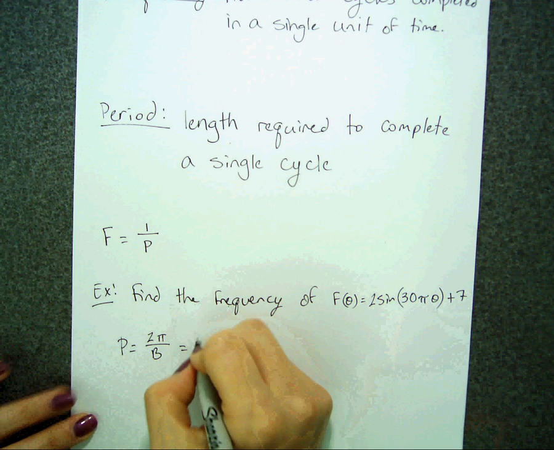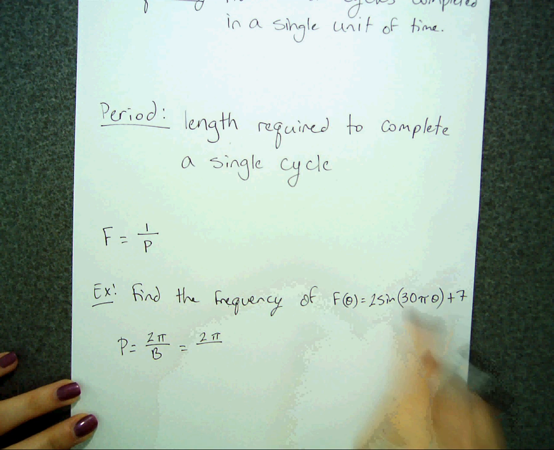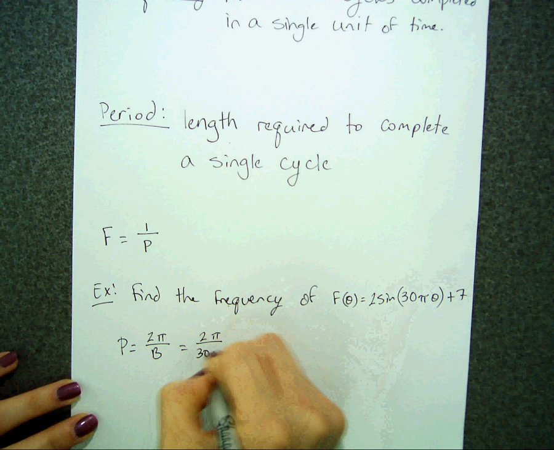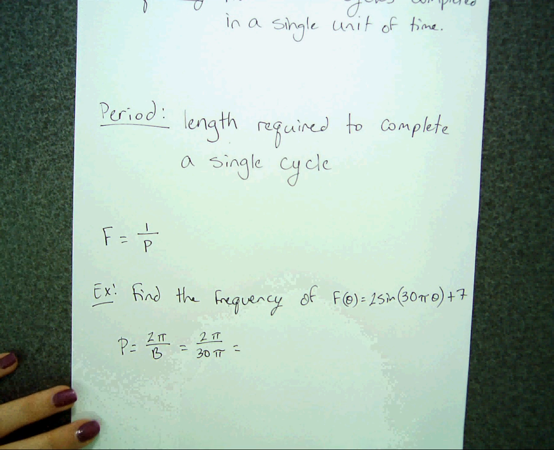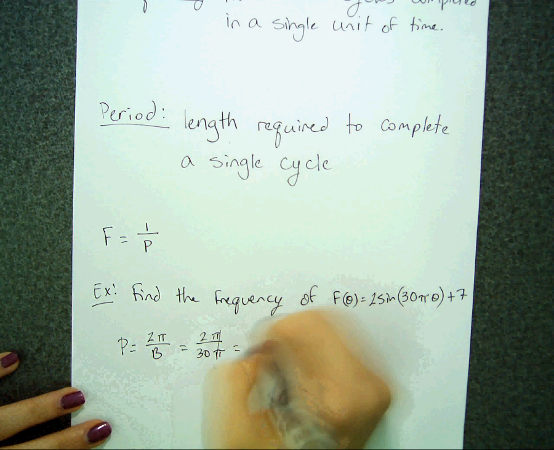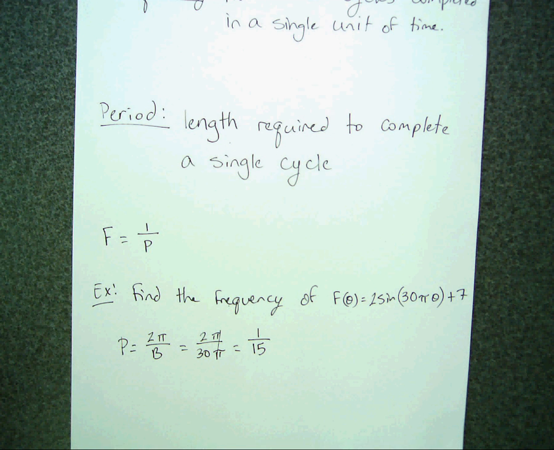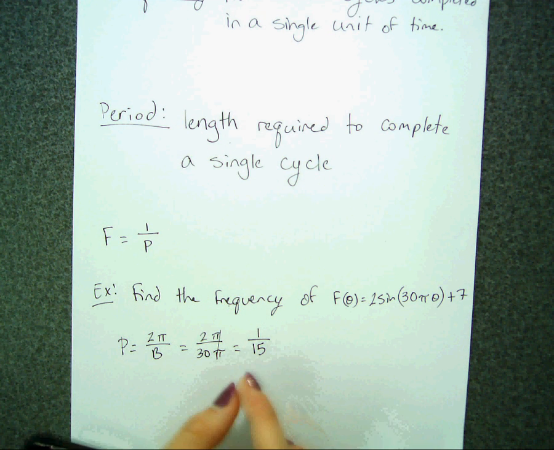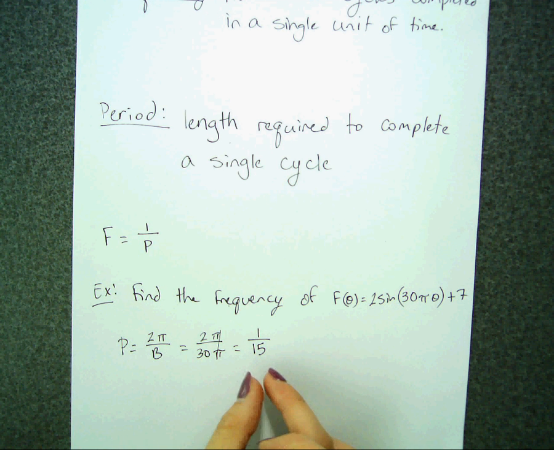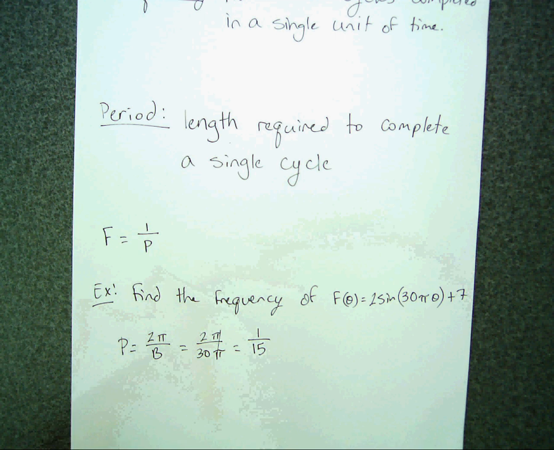So I'll have 2 pi over 30 pi. So my pi's cancel out, and I get 1 over 15. So my period says that the length of the interval is 1/15 that I need to complete one single cycle, right?